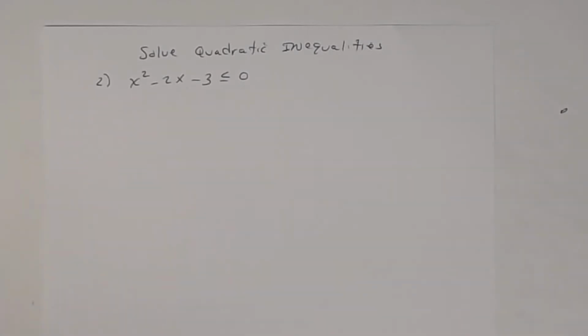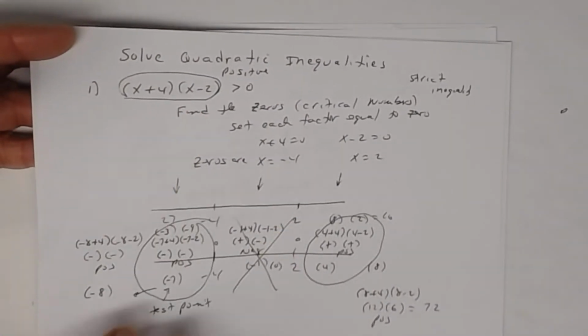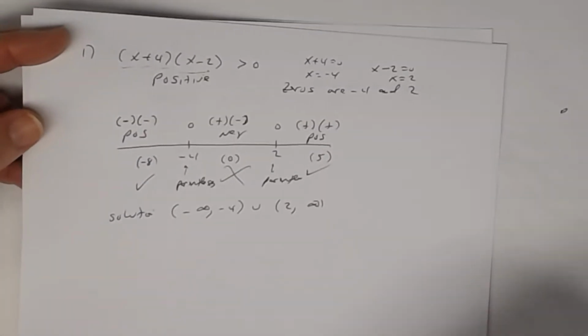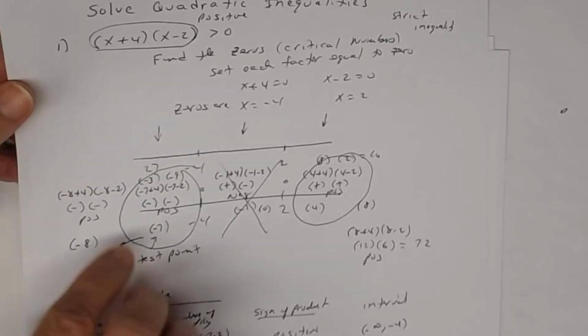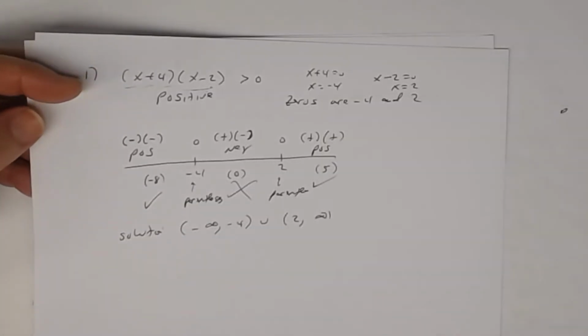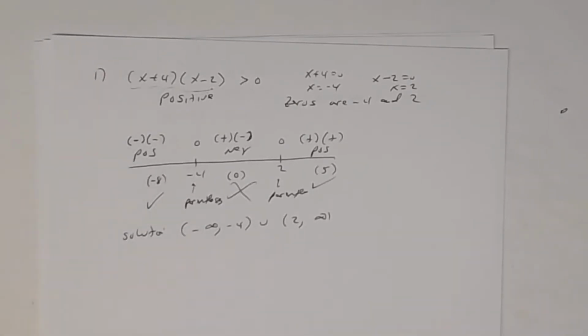Okay, so this is the second problem on our discussion on solving quadratic inequalities. Remember, the first problem dealt with this inequality here, and we had a long discussion on how to solve it. Then, once we understood it all, we saw how to quickly do this problem to find the solution.